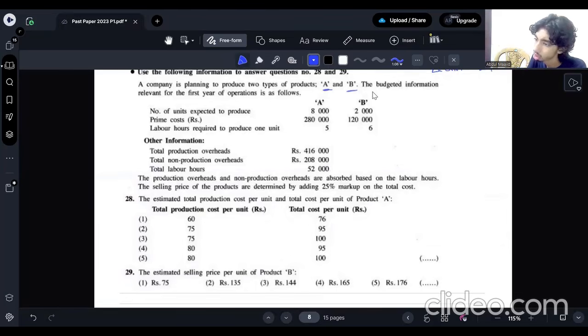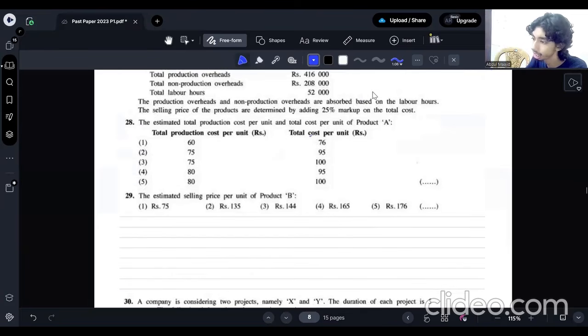Okay, what are they saying? To find the production cost per unit and total cost per unit. Here they are saying the production overheads and non-production overheads are absorbed based on labor hours. Both are absorbed based on labor hours.